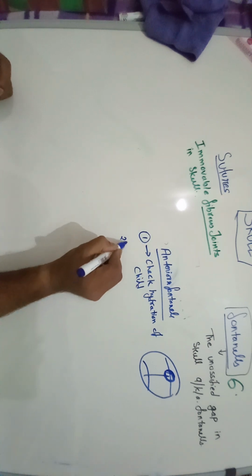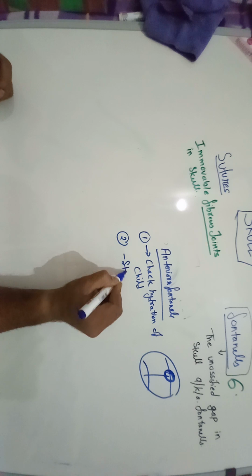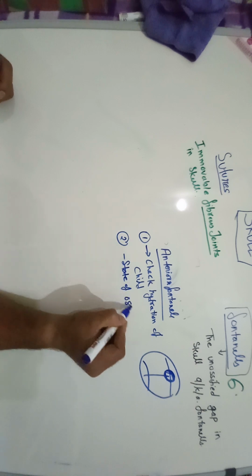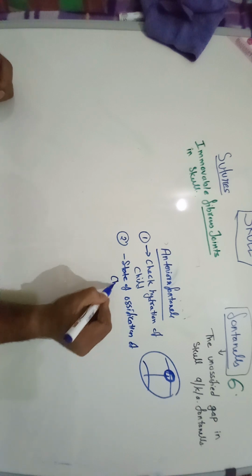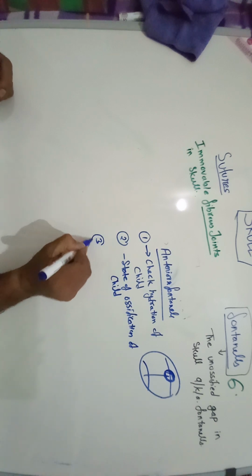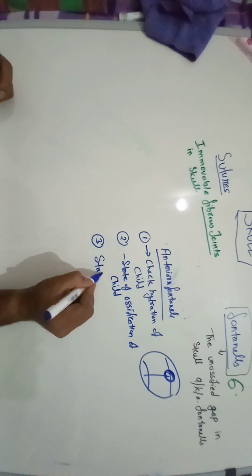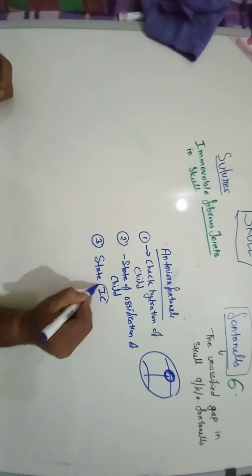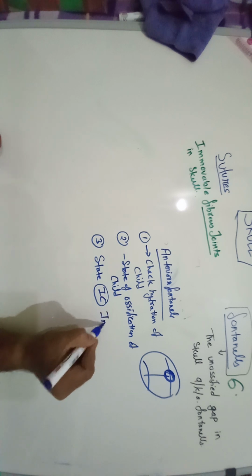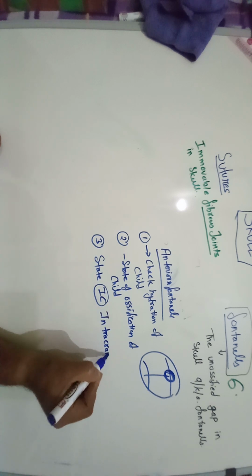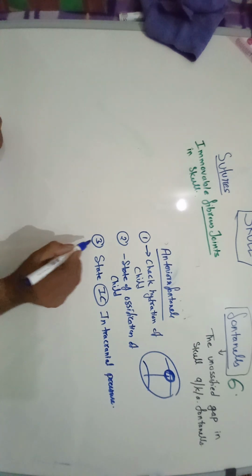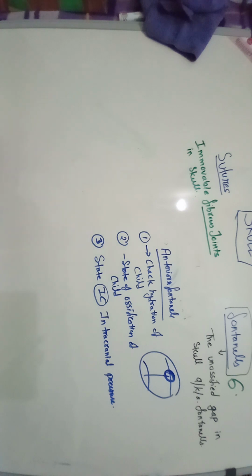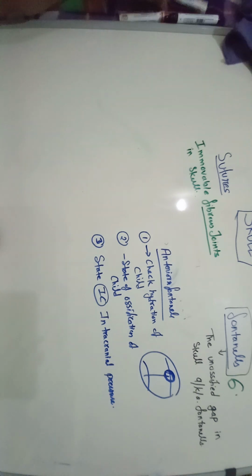First point. Second point, the state of ossification of the child. Third one is the state of IC pressure, intracranial pressure. These 3 points are most important for exam purposes.